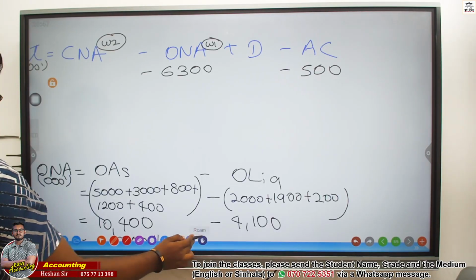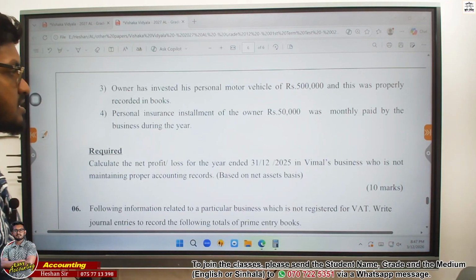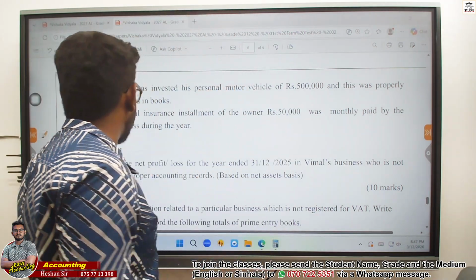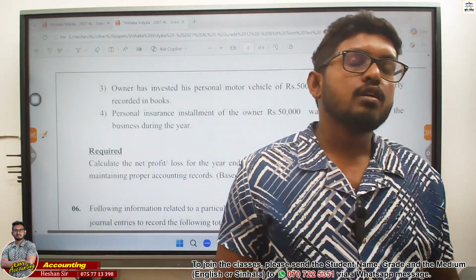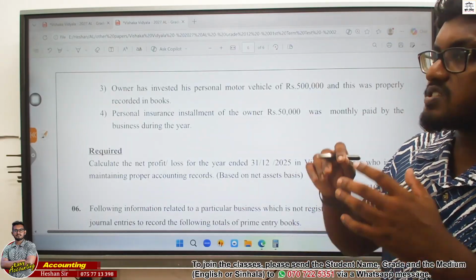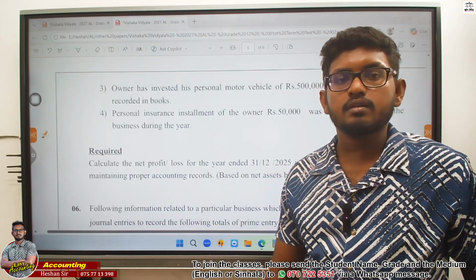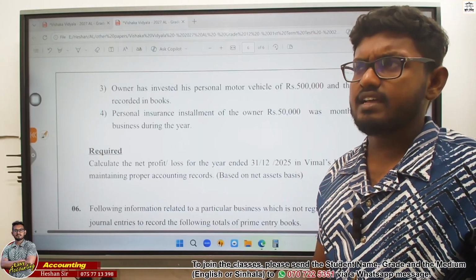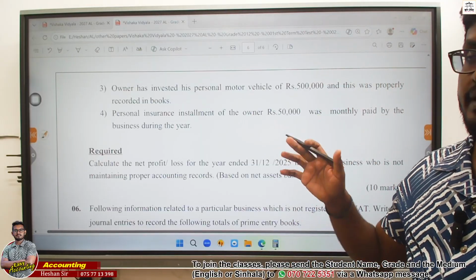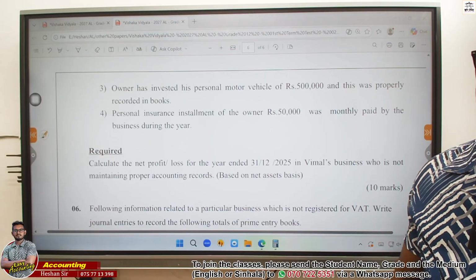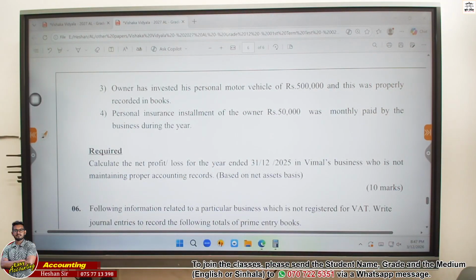Next one. A personal insurance installment of the owner, 50, was paid monthly by the business during the year. Now there are two matters. It's not mentioned whether it's recorded or not. In the Sinhala medium paper, I think it's mentioned it was not recorded, but in the English medium paper it's not mentioned whether it's recorded or not. Because of that, I gave marks for either way.